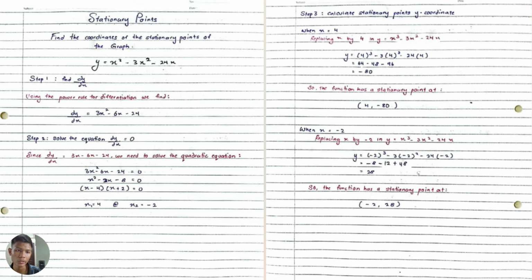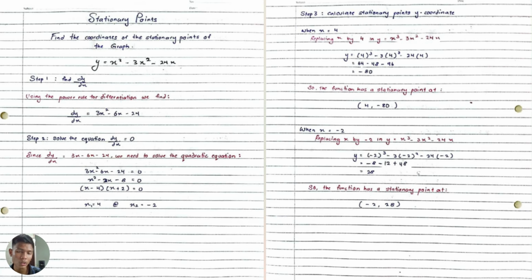Step 2, solve the equation dy over dx equals 0. Since dy over dx equals 3x squared minus 6x minus 24, we need to solve the quadratic equation 3x squared minus 6x minus 24 equals 0. We have to simplify it. Then we get x squared minus 2x minus 8 equals 0.